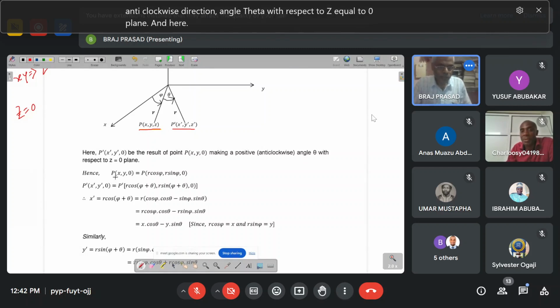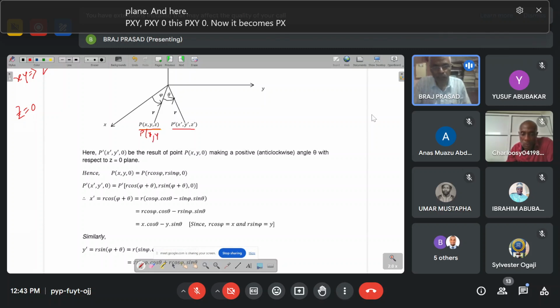So P becomes x comma y comma 0, and this becomes P dash, x dash comma y dash comma 0.